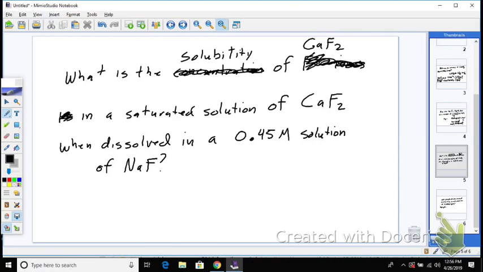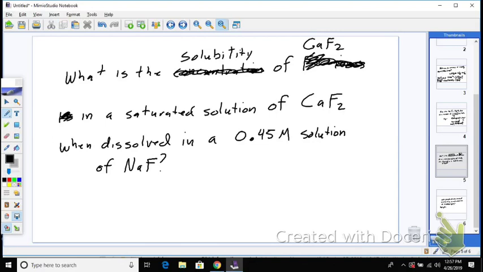So when we look at the concentration of fluorine ions, this is going to be plus 2x, but we won't add the plus 2x because the x is going to be really, really tiny, so it won't affect the 0.45 molarity. You can add the 2x to it, but it won't matter.